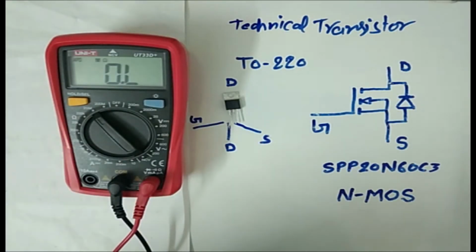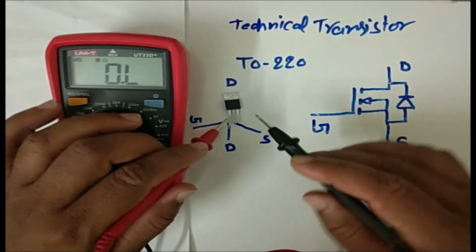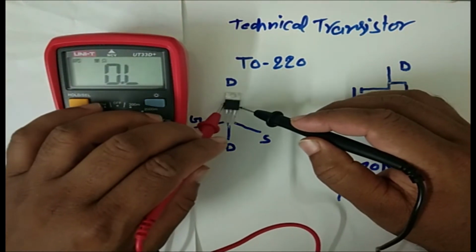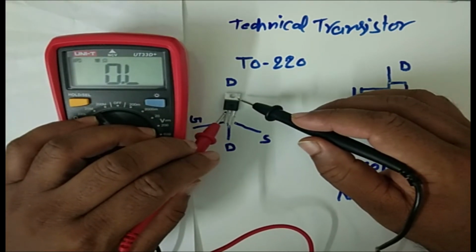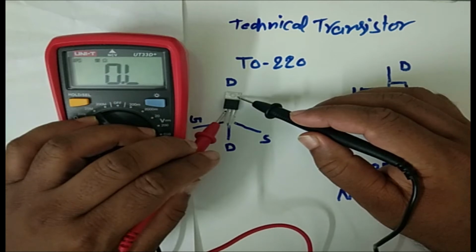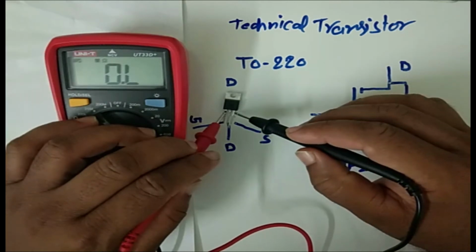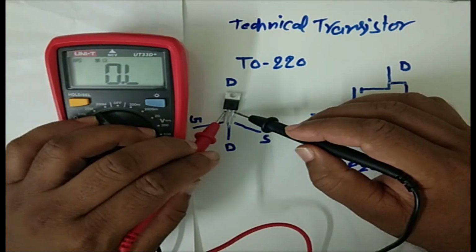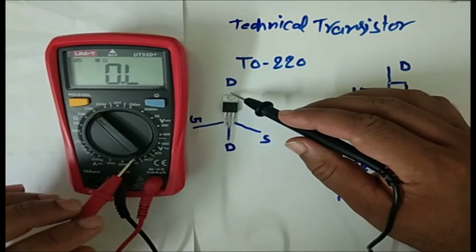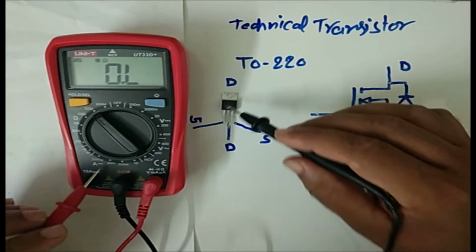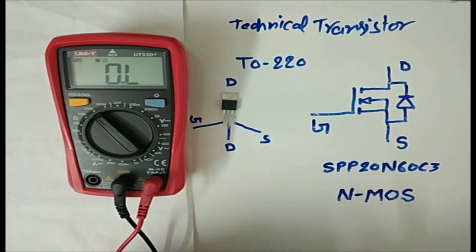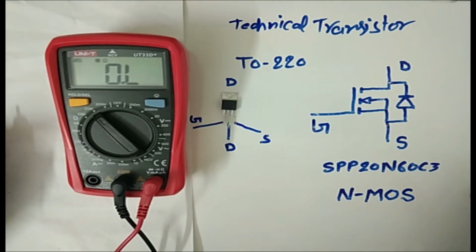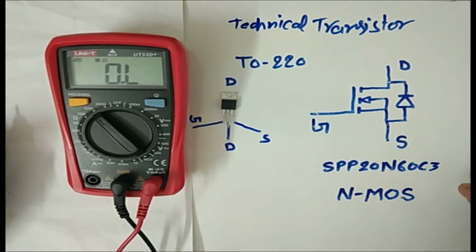But if we put the red here at the gate and black on the drain, and now black on the source, it is also showing open. So you can say that the MOSFET is in working condition, or the MOSFET is in good condition.